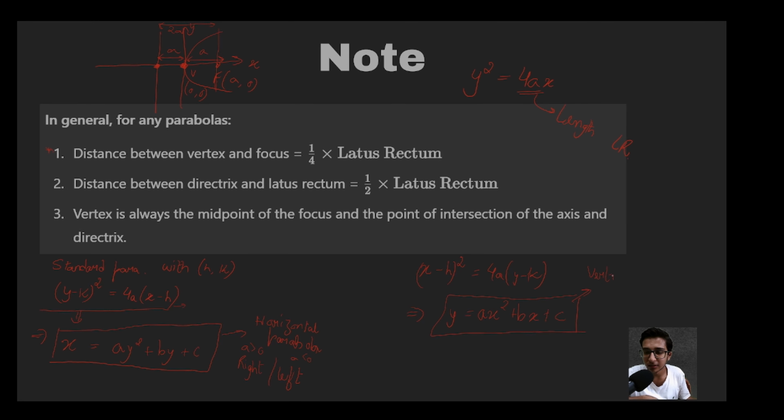This is our vertical parabola, and it can be either up or down. It would be up only when a is greater than 0, and down when a is less than 0. So again, this is another thing that you can remember. Whenever in the question they give you a parabola in this format, it would be easier for you to calculate the answer.